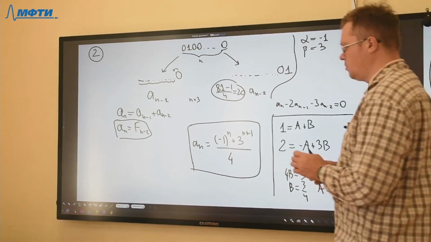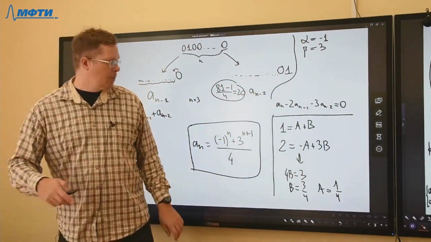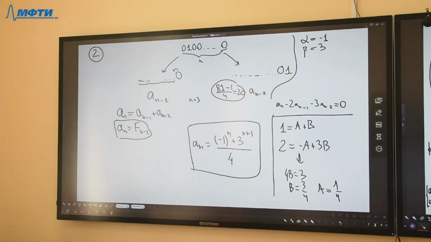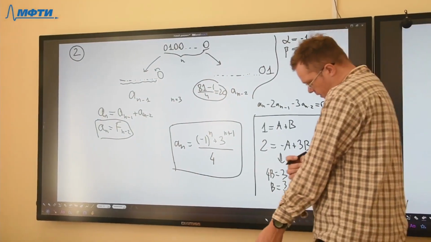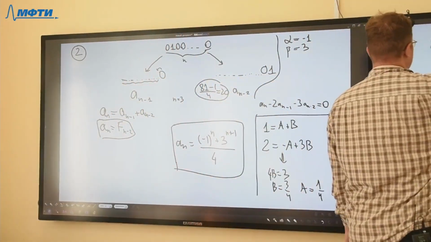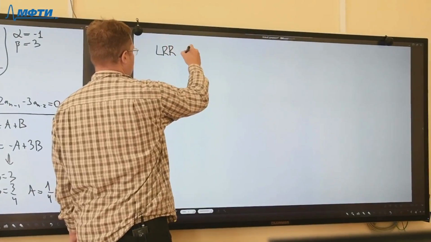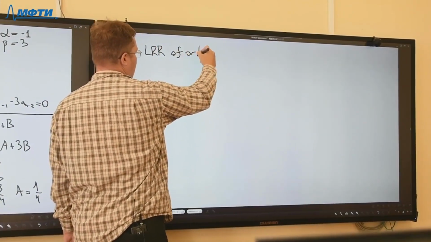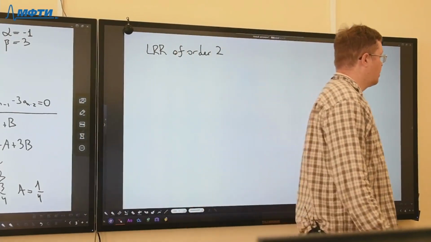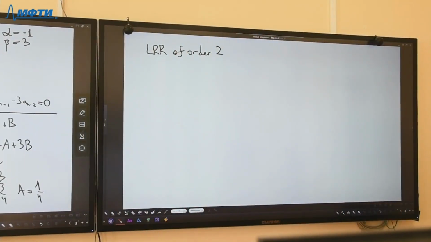So if you want to discuss a little bit more, how do we generalize our result? We discussed linear recurrences of order 2, and we have 3 different types of generalization.